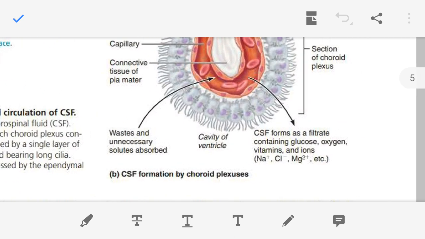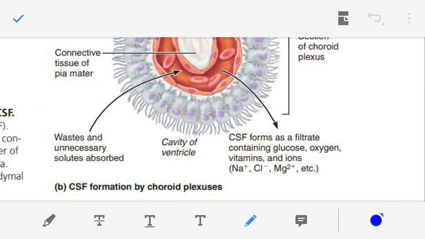And now from this capillary of choroid plexus, what is happening? See, from this capillary, CSF, cerebrospinal fluid, is coming out. The blood is present in the capillary, and from the blood plasma, CSF is coming out into the cavity of ventricle.